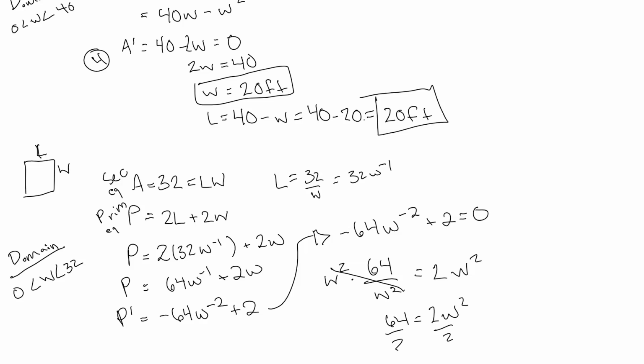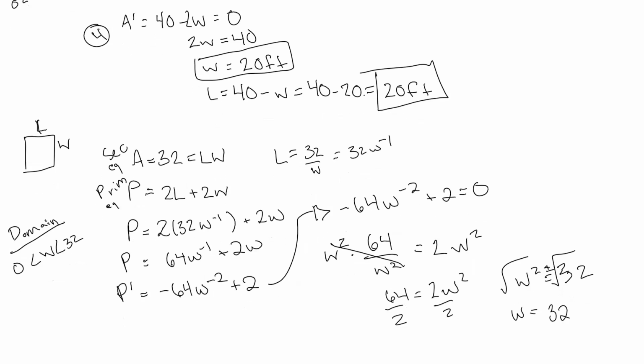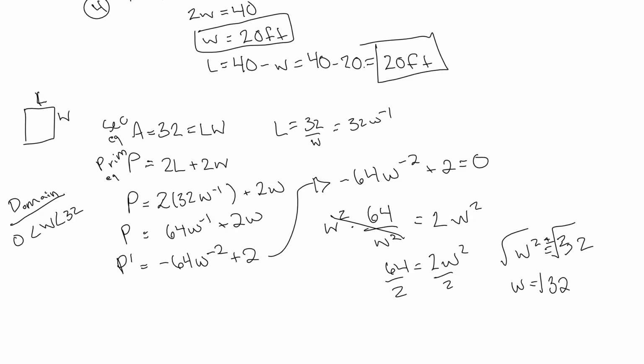Divided by 2, W squared equals 32. Do the square root. Remember, it's plus or minus, but we're talking about a width here, so we only care about the positive version. So we've got the square root of 32, and that's the same as saying 16 times 2. So I'm just going to reduce the radical, or 4 root 2.